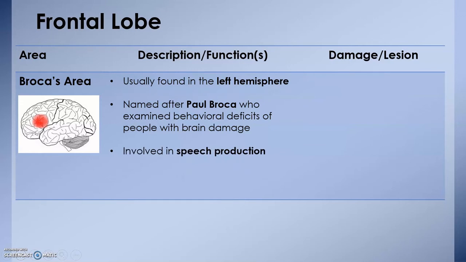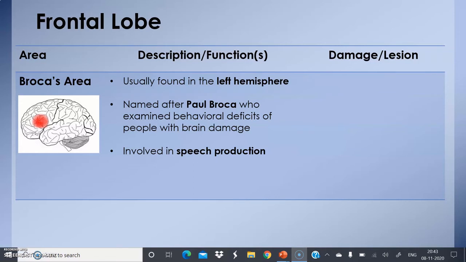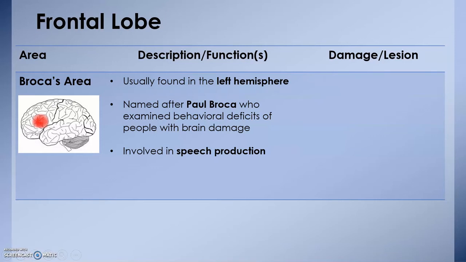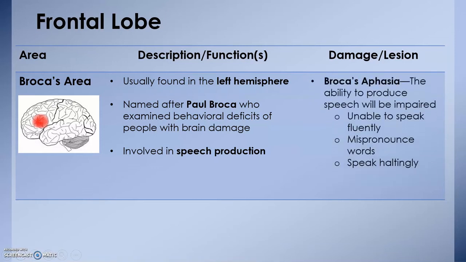Now, what will happen if Broca's area gets damaged? The person's ability to produce speech will be damaged, which is called Broca's aphasia. Now, in Broca's aphasia, you will be unable to speak fluently, you may mispronounce words, or you may speak haltingly.